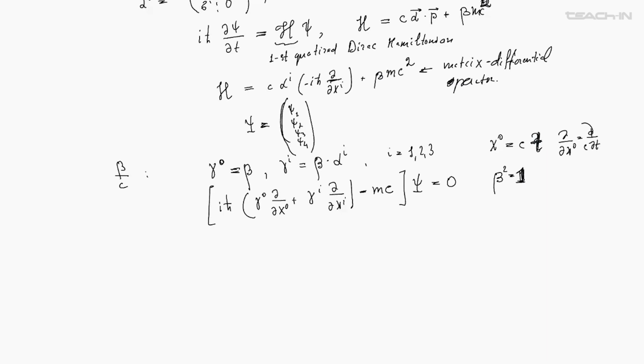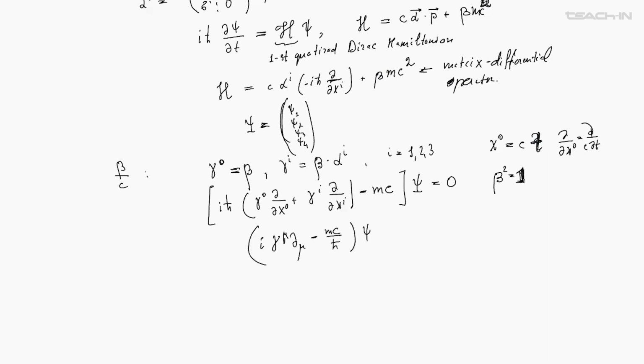And even more elegantly, now you can use the relativistic scalar product. So write it as i gamma^mu d_mu, where the sum over mu runs through mu equal to 0, 1, 2, 3, minus mc divided by h bar, acting on psi is equal to 0.